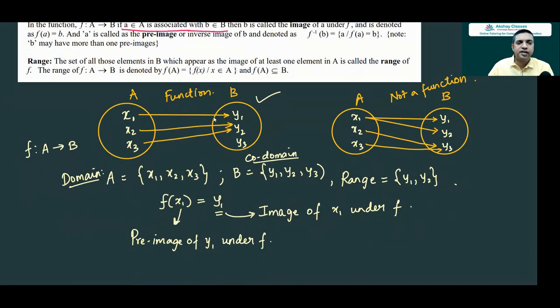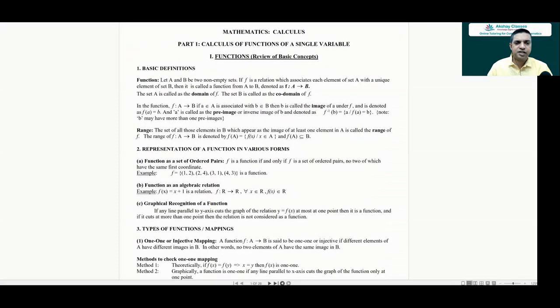And we denote the range like this: f of A is f of x for all x such that x belongs to A. So all the values of the function, all the values of f of x put together, gives you the range. Okay, this is a basic that we have learned.